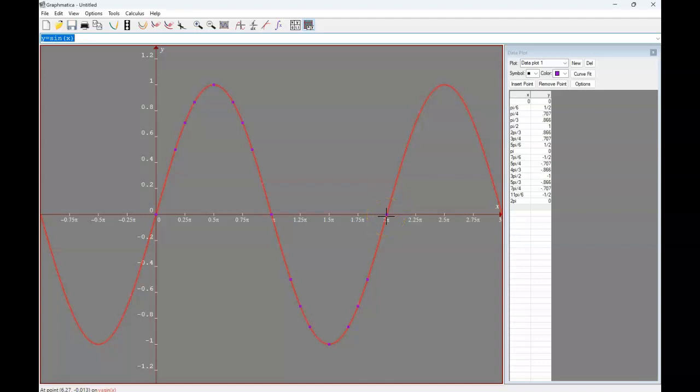I used 16 points. That's too many. I don't want to do all 16 of these. Which ones are going to be the most important ones that I got to have to get the shape right? I'm going to need the x-intercepts. So here, here, here. And I'm going to need the extrema, the maximum and the minimum. That should be enough for me to get a good enough picture, right?